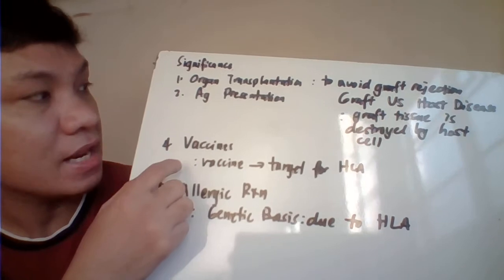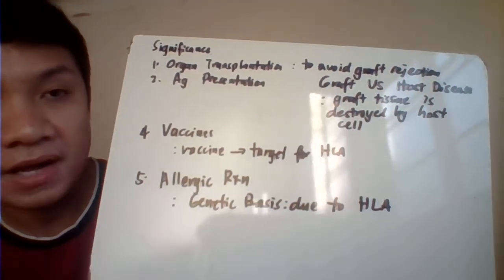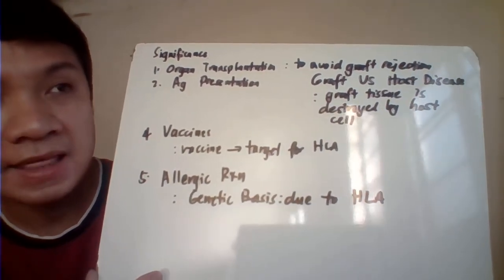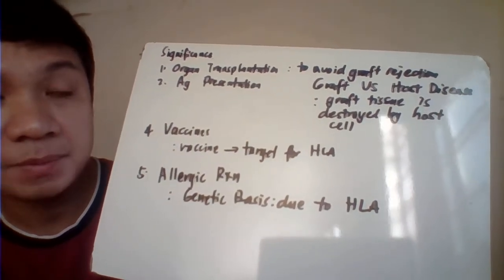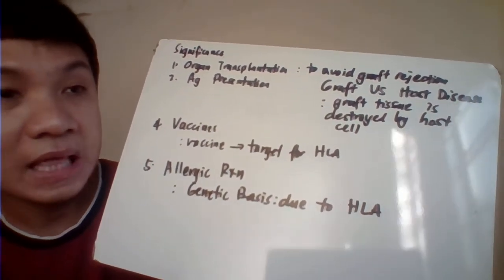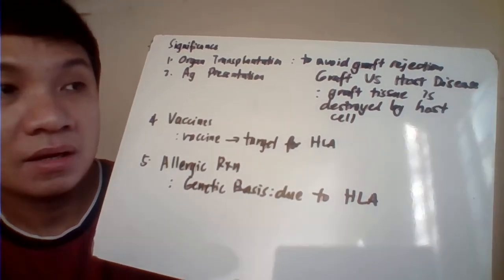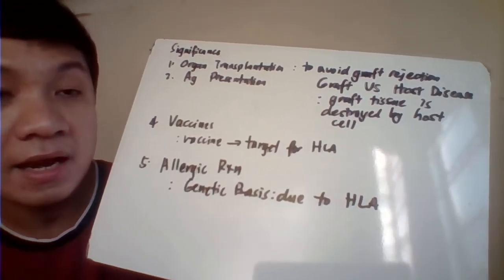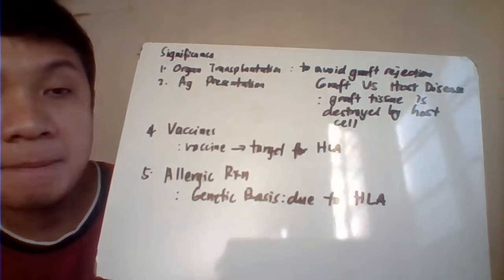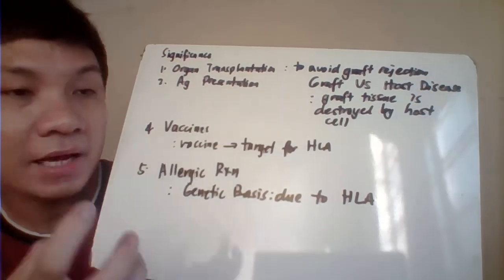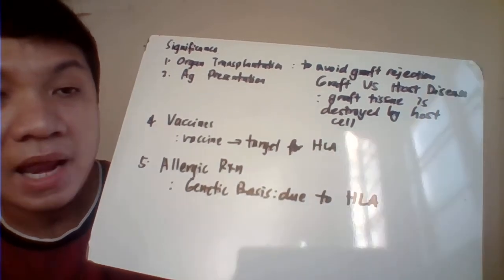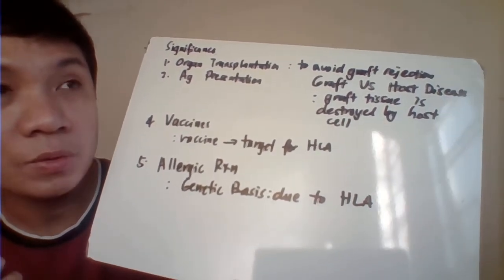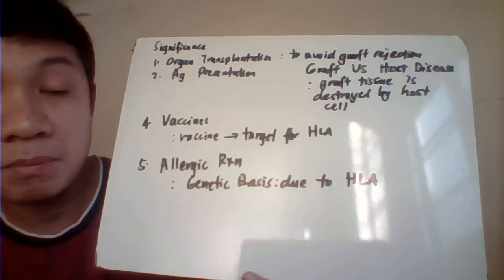Okay, for the vaccination. Again, your vaccine that's being given to our body would have a specific target that the vaccine is able to bind. The targets of our vaccines will be your HLA. So when you are given a vaccine, it targets a specific HLA that would allow that vaccine to stimulate your antibody production.